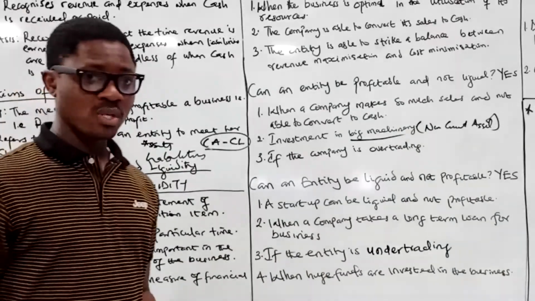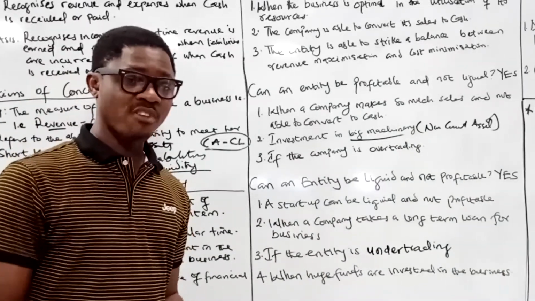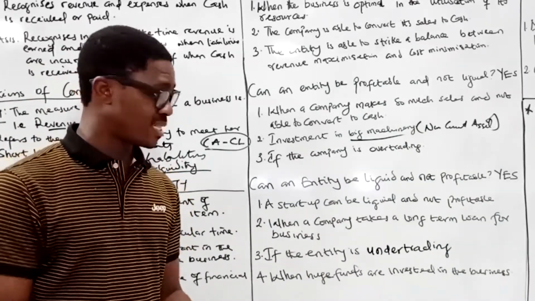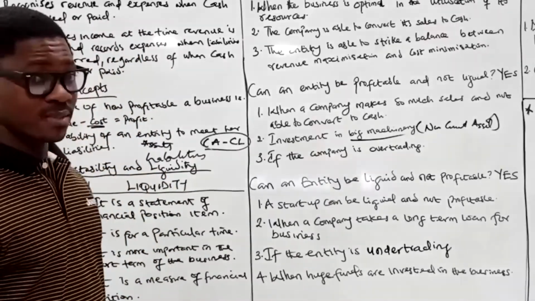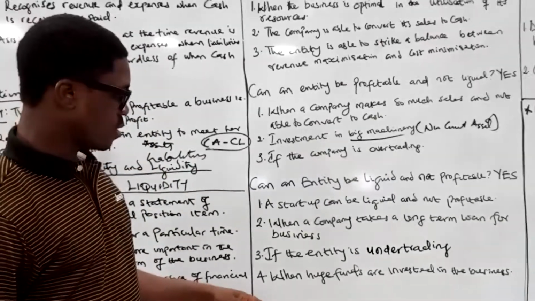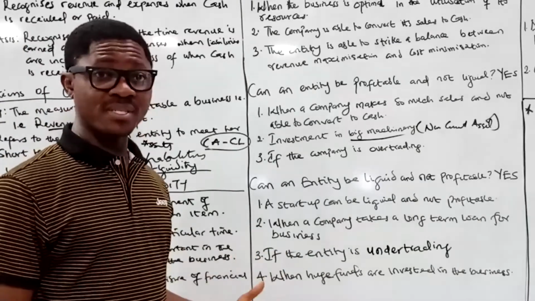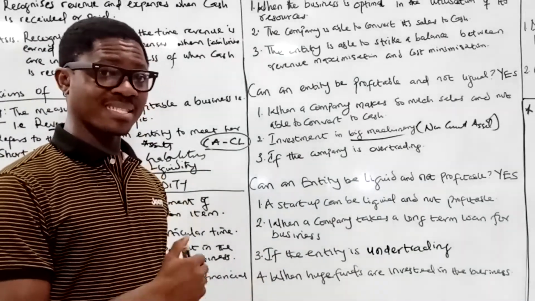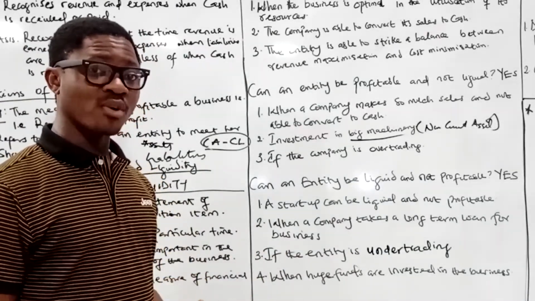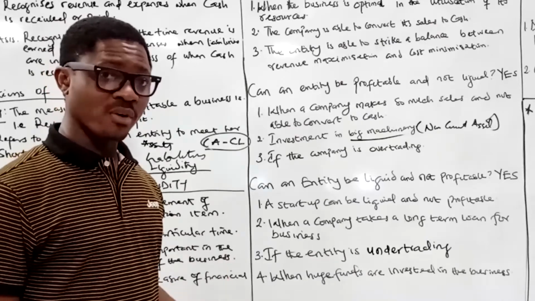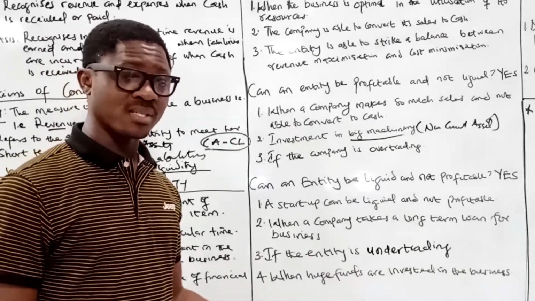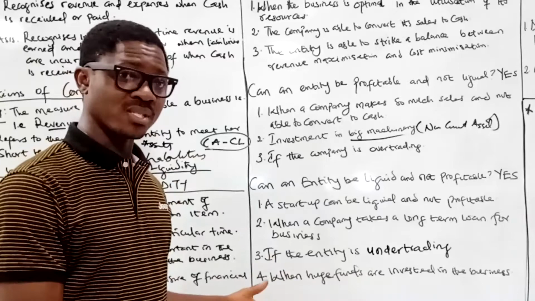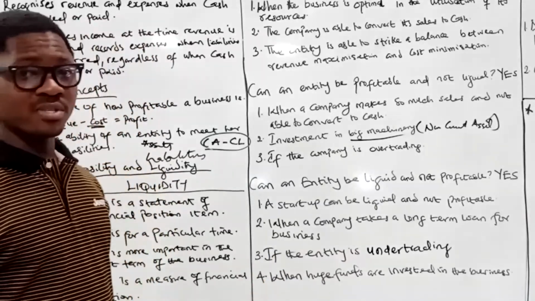As we all know, profitability is for a particular period, whereas liquidity is at a particular point in time. So when these funds are invested in the business, it can be liquid and not be profitable. Availability of funds in the business means that the business is liquid but will not necessarily be profitable.